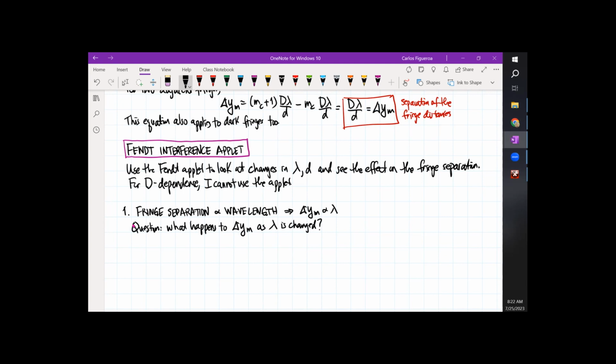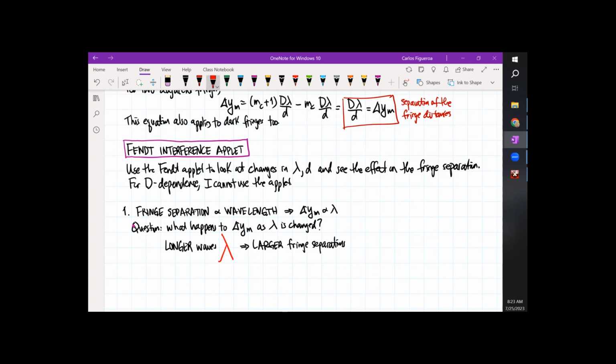That's what I'm really asking. Well, clearly, since it's directly proportional, if we have longer waves, that has to imply that we have larger fringe separations. Let me move this over a little bit. If I have longer waves, then the wavelength is longer, and therefore I should have larger fringe separations.